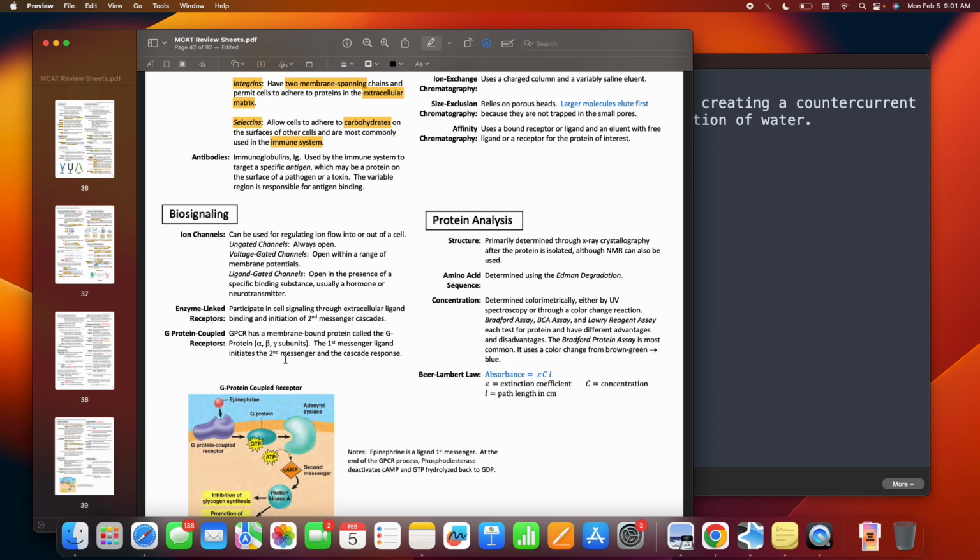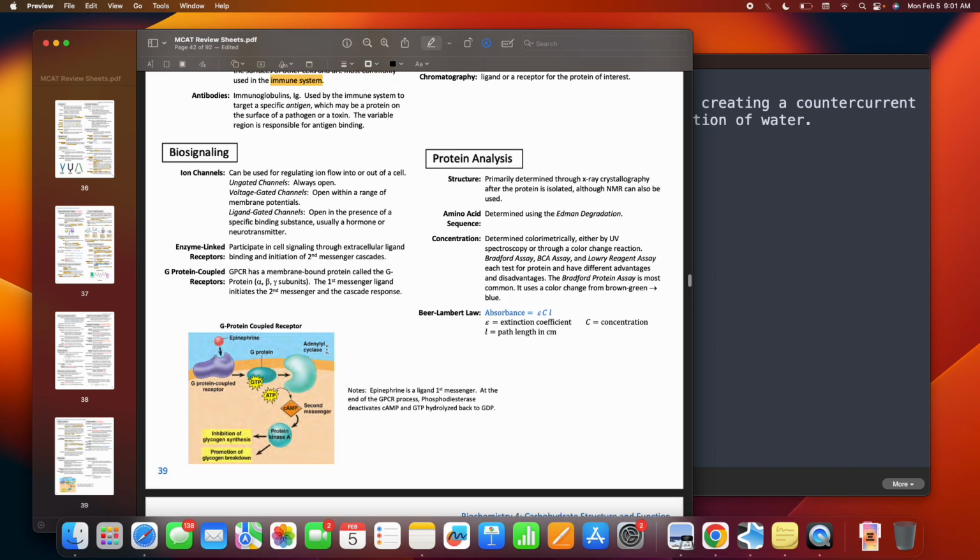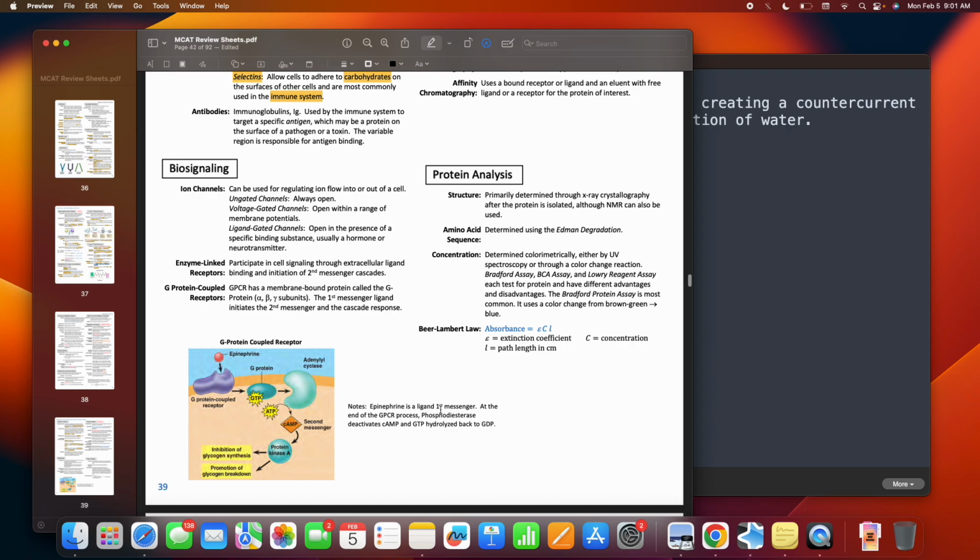It has a membrane-bound protein, like 7 domains, we know that, called the G protein, alpha, beta, and gamma subunits. So it's trimeric. The first messenger ligand initiates the second messenger and the cascade responds. Epinephrine is a ligand first messenger. See, at the end of the GPCR process, phosphodiesterase deactivates cAMP and GTP hydrolyzes back to GDP.